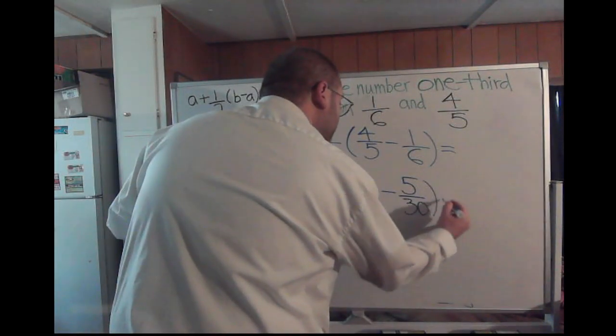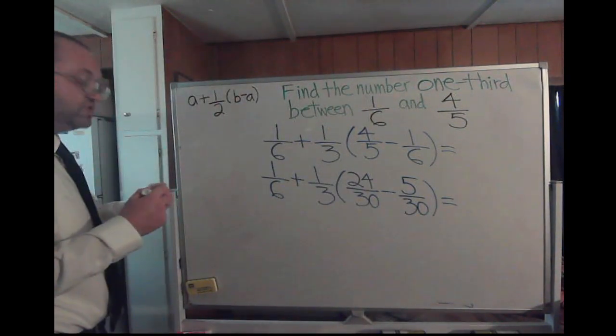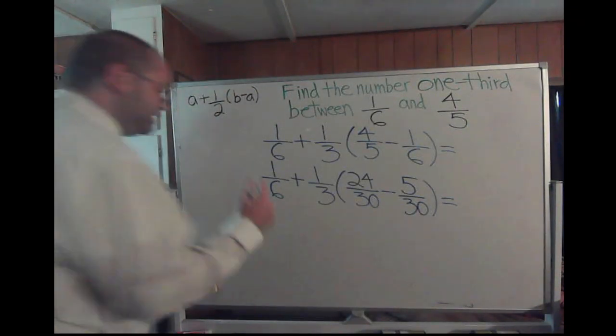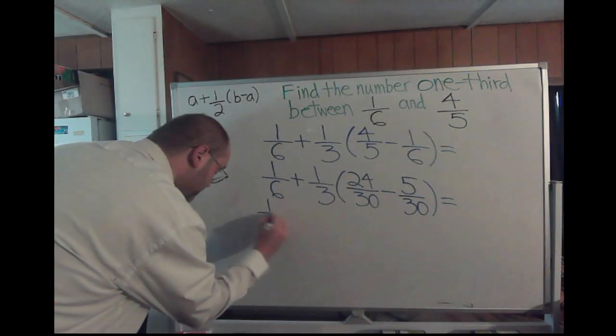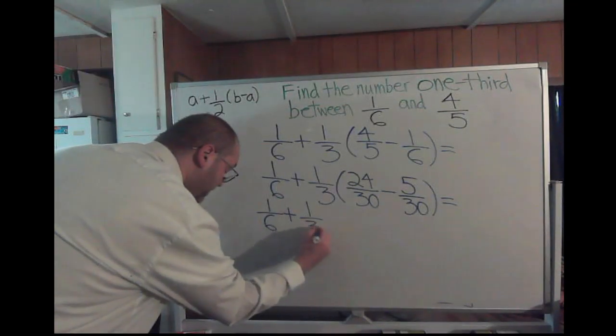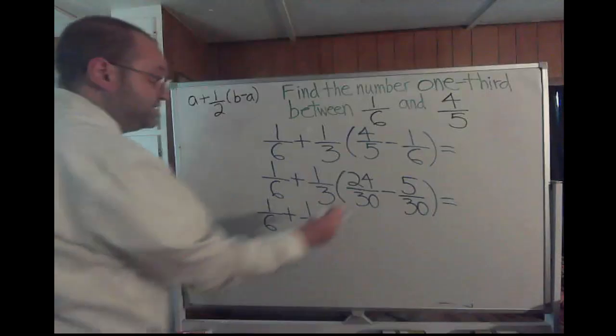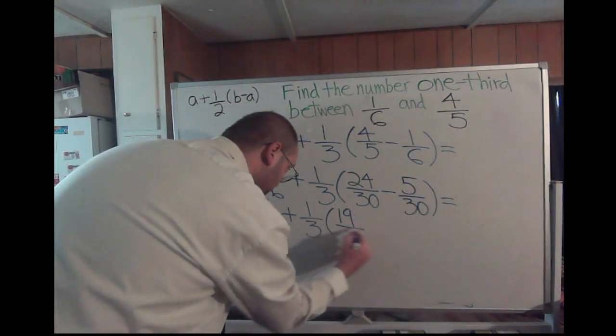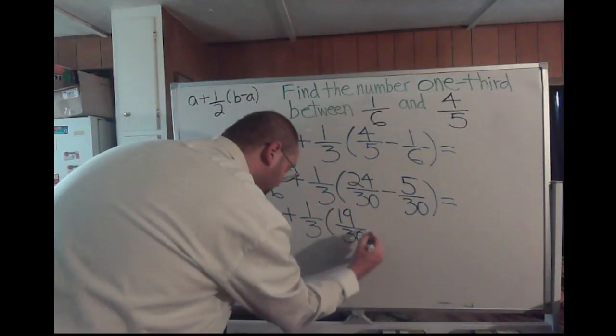So now inside the parentheses, we have fractions with the same denominator at least. So now let's continue to work inside the parentheses. You'll still have 1/6 plus, this time, 1/3 times, let's see, 24 minus 5, that's 19. That'll be 19/30.